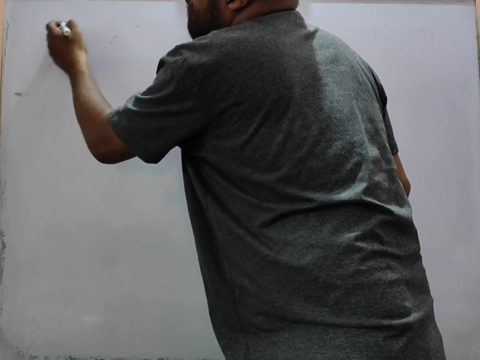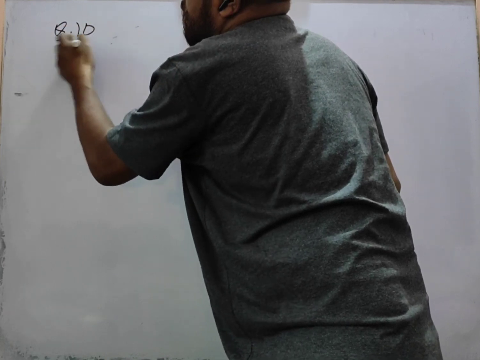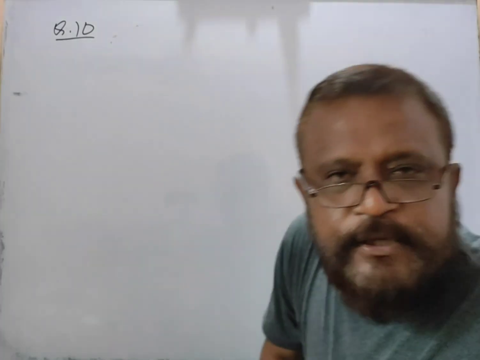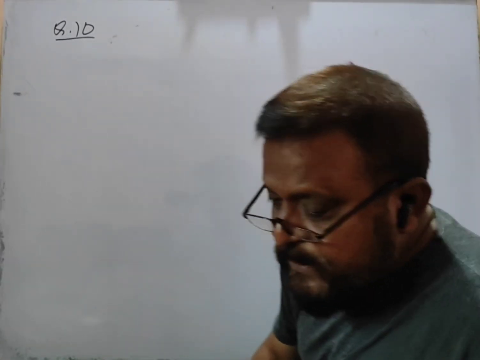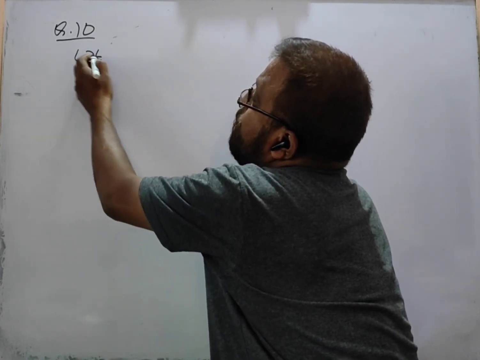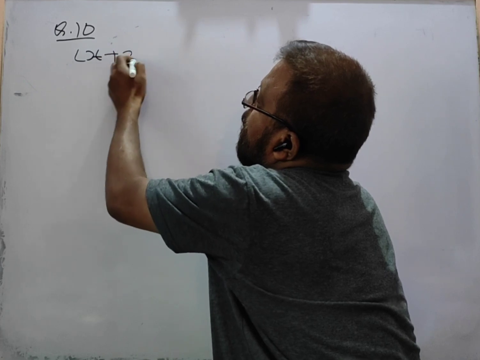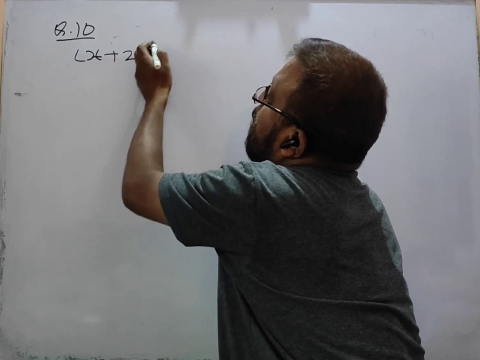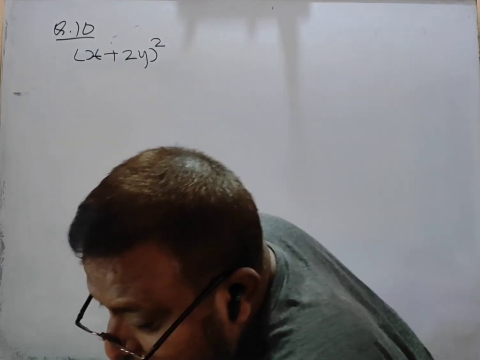Now we have question number 10 with us. Right? That is again in the same manner, given you (x plus 2y) whole square, right?